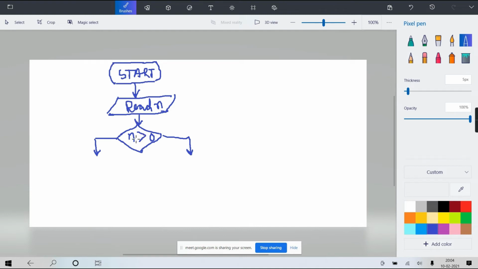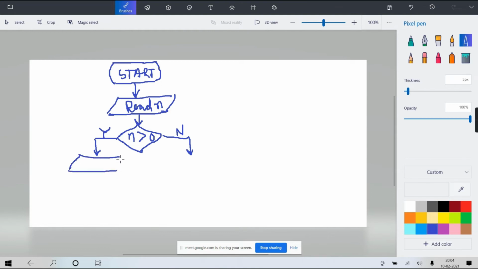Okay, now it is greater than 0. True, that is yes or no. I showed you that the lines, you cannot show any wavy lines or crossing line, top to bottom or left to right. Getting? Now yes, so you'll do printing over here, right?